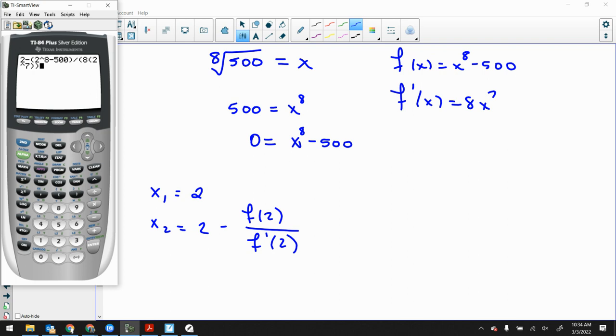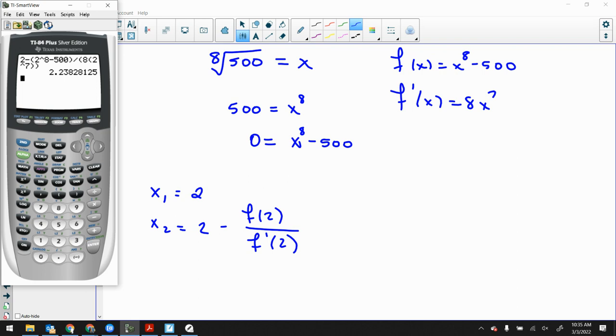There we go. You follow me there? 2 minus 2 to the 8th minus 500 divided by 8 times 2 to the 7th. Yeah, okay, good. I'm good with my parentheses there. So that's x2, right?